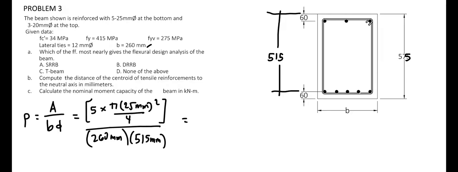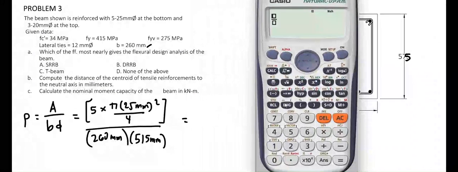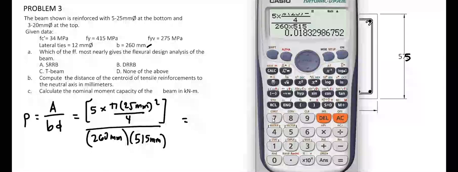Solving for the steel ratio, that is equal to 5 times pi times 25 squared over 4 all over 260 times 515, that is equal to 0.0183.